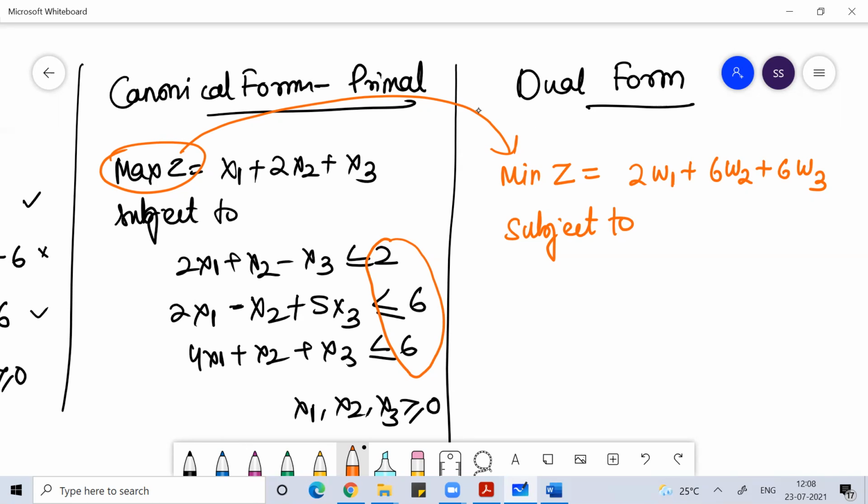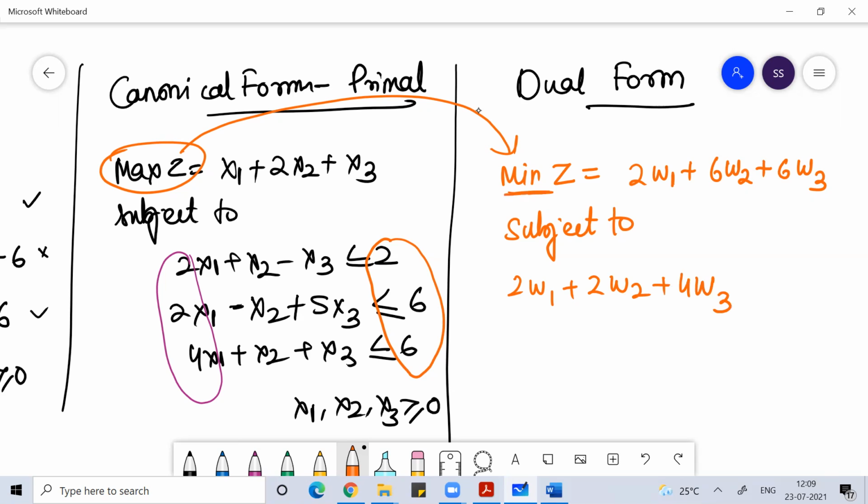Subject to constraints: you take the coefficients of the constraint like this, so you will write 2W1 plus 2W2 plus 4W3.